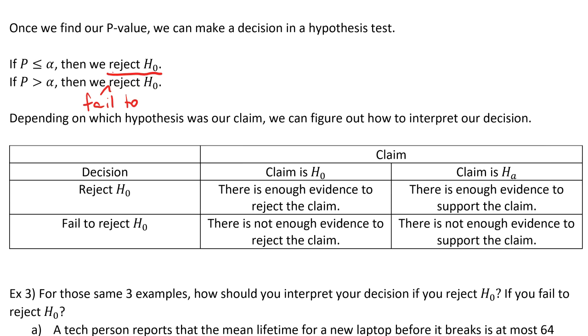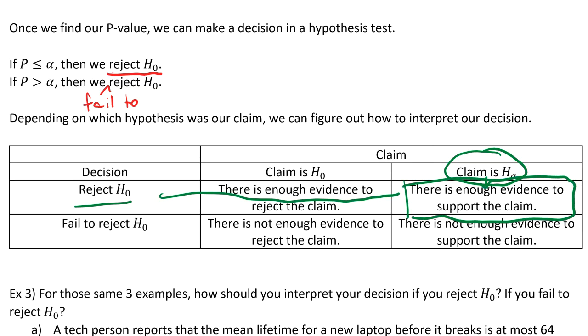So for example, if our decision was to reject the null hypothesis and our claim was the alternative hypothesis, then we just follow both of those to this right here, and we know that there is enough evidence to support our claim.